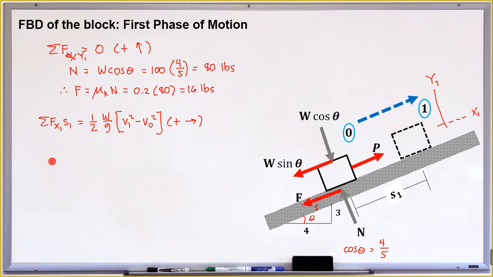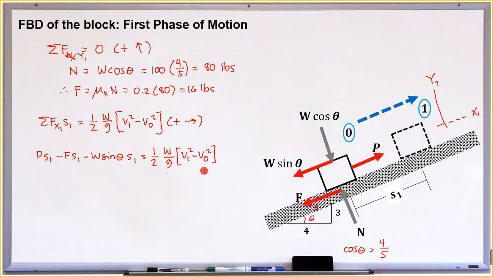So therefore we have P S1 minus F S1 minus W sine theta S1. Balik, distribute na nako daan ang displacement. And that is equal to 1/2 W over g, then V1 square minus V naught square.